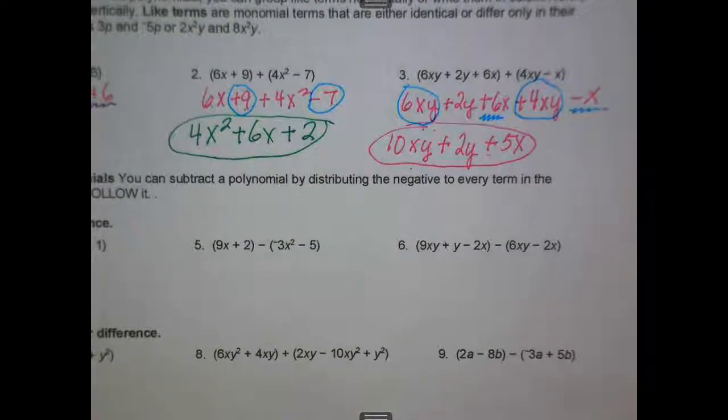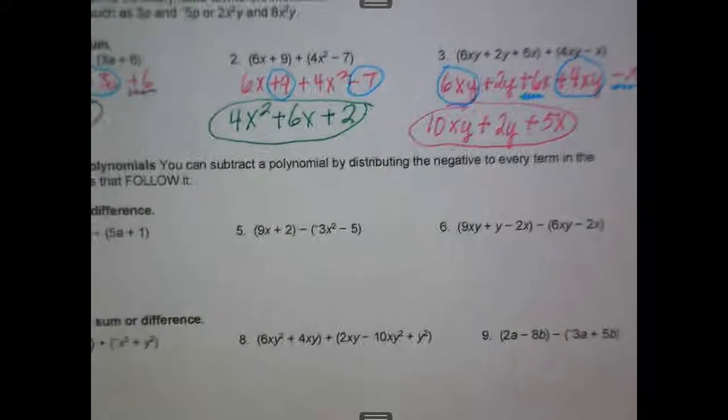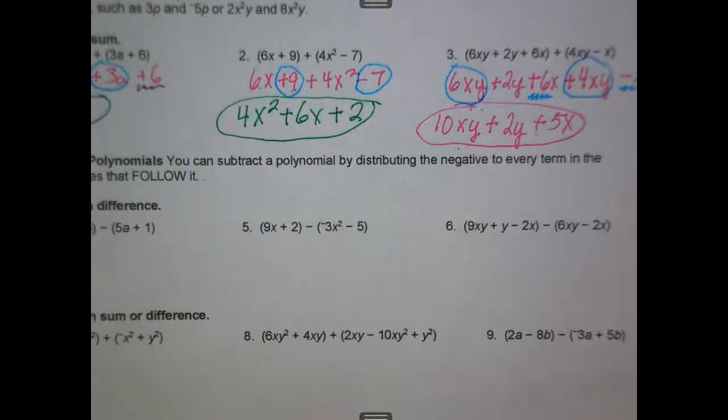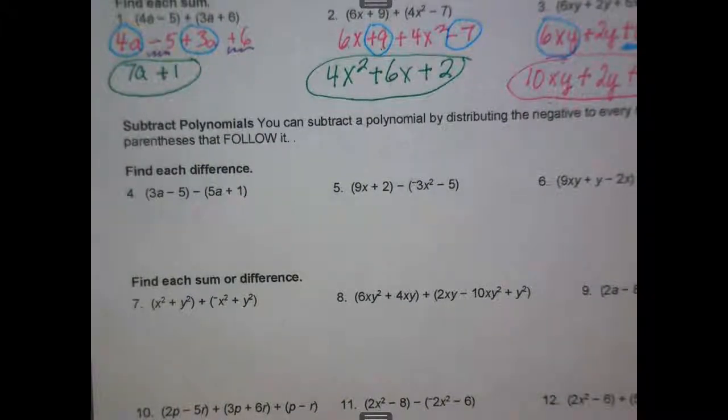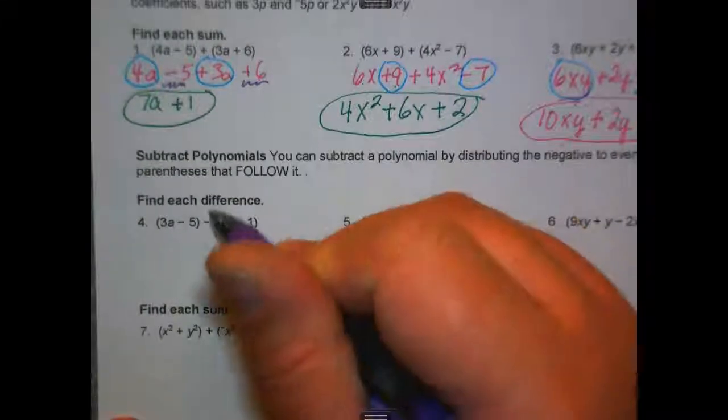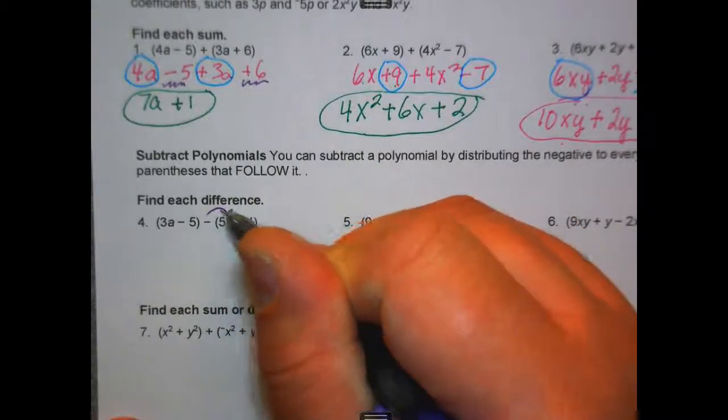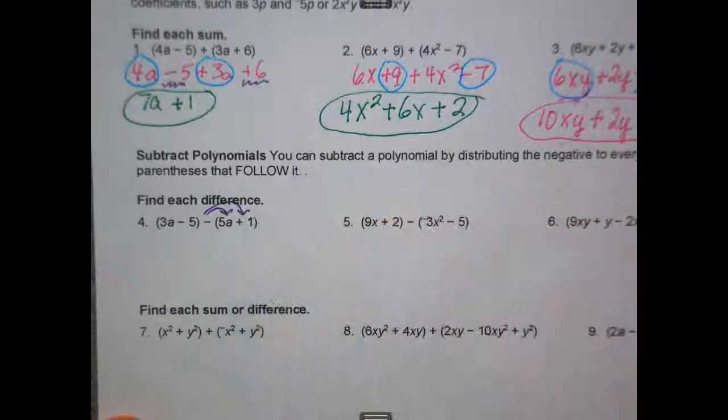And what about subtracting? What do I have to do with the minus sign in front of parentheses? Distribute. Who said that? Good. Distribute the minus sign to both terms, Ariana.